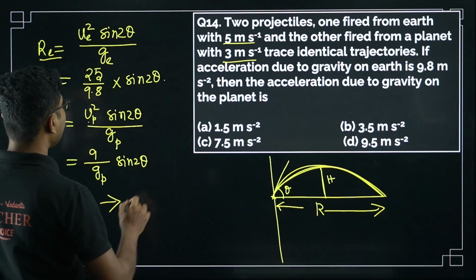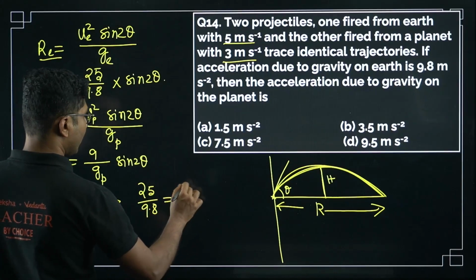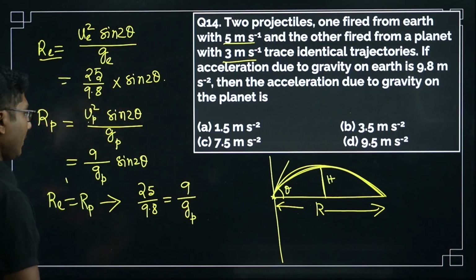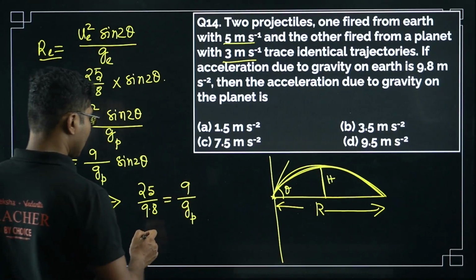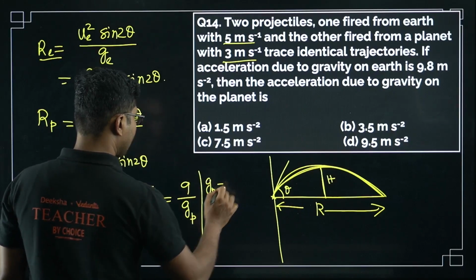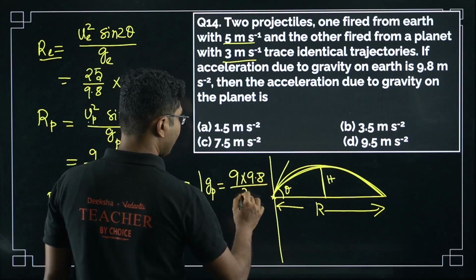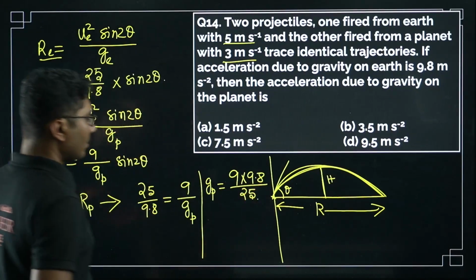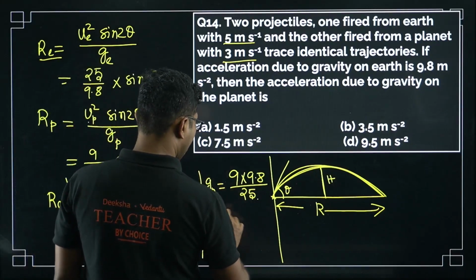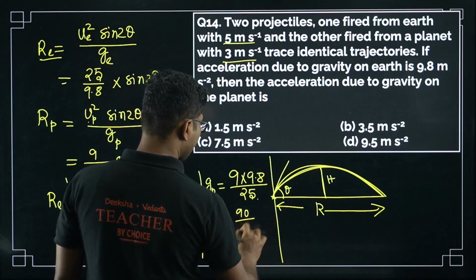So from there we get 25 by 9.8 equals 9 divided by Gp. Okay. So Gp will be equal to 9 into 9.8 divided by 25. So it will be approximately 90 by 25. Let me find the approximate value.